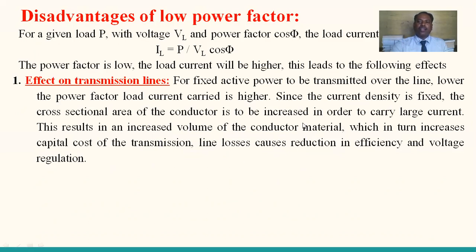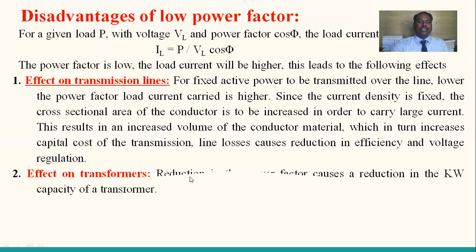But this results in the volume of the conductor also increasing, which in turn increases the capital cost of the transmission. Line losses cause reduction in efficiency and voltage regulation. So this is the way low power factor impacts the transmission lines.